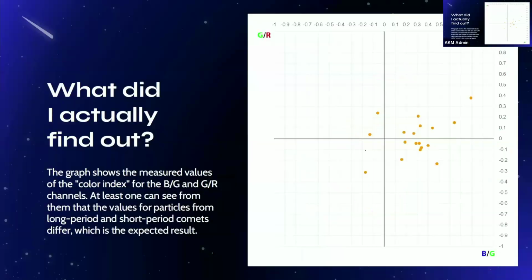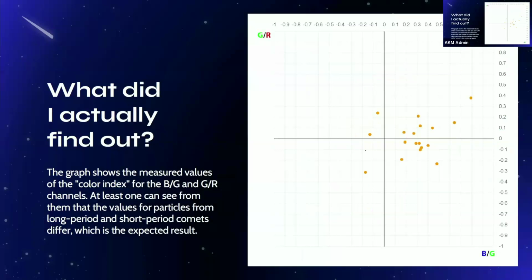So what did I actually find out? The graph shows measured values of color index blue and green, and color index green and red.